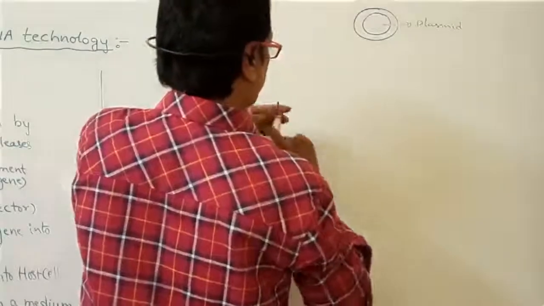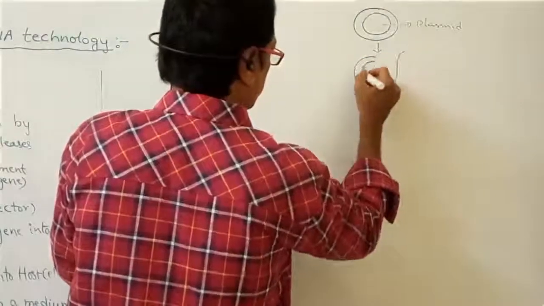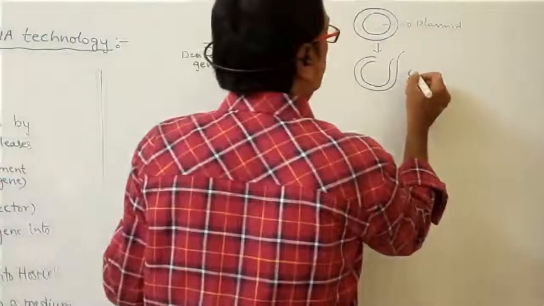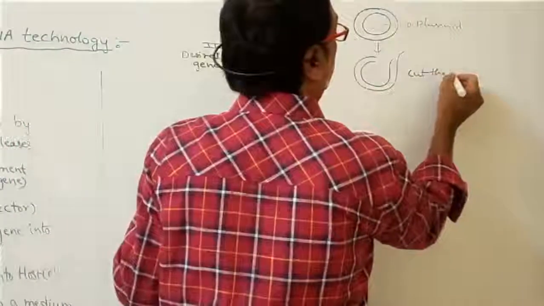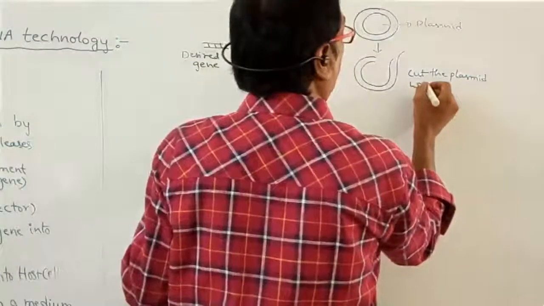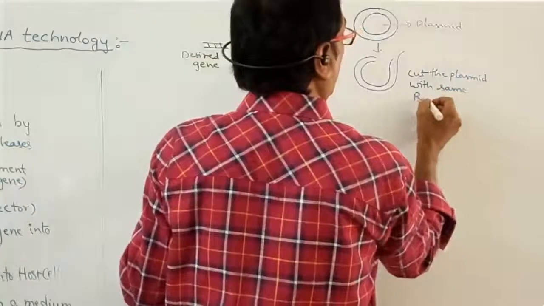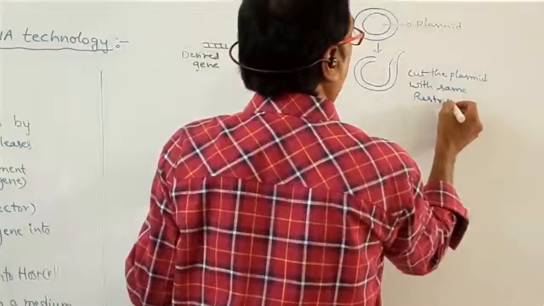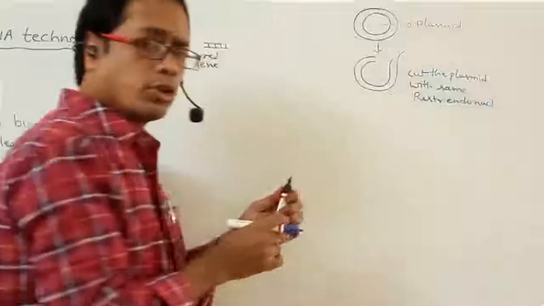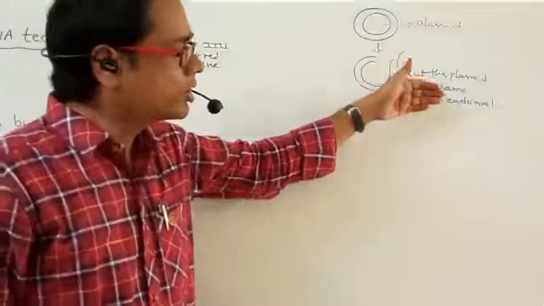This plasmid we have to cut. Cut the plasmid with the same restriction endonuclease. So the plasmid which was isolated is cut with the same restriction endonuclease.